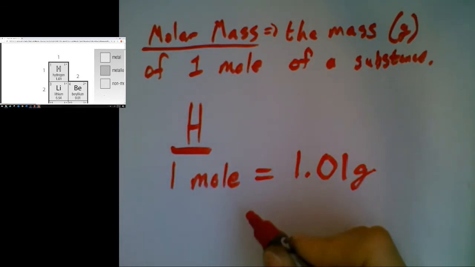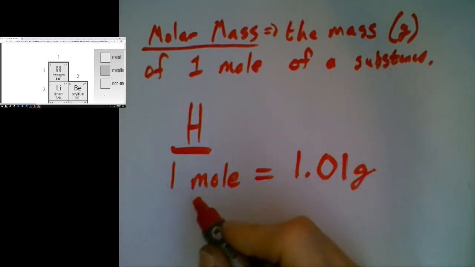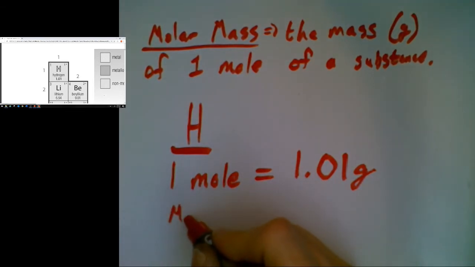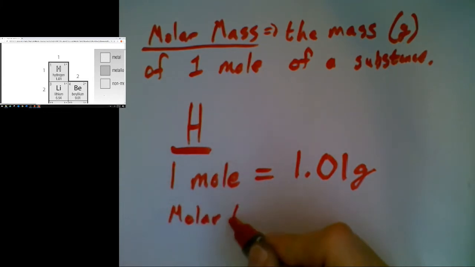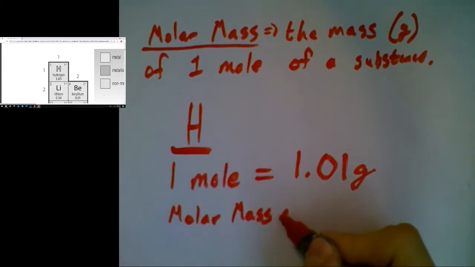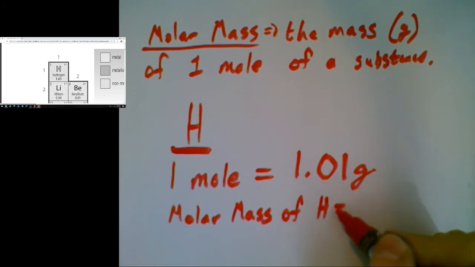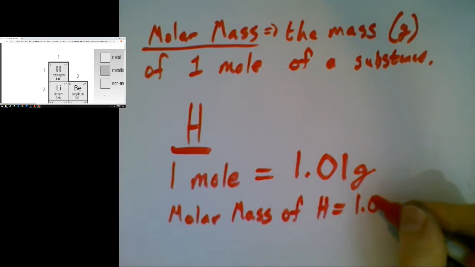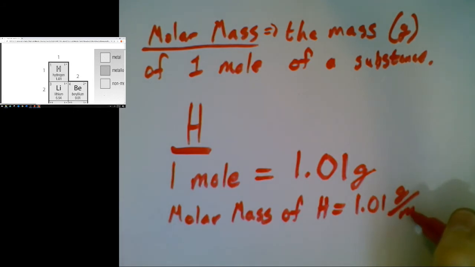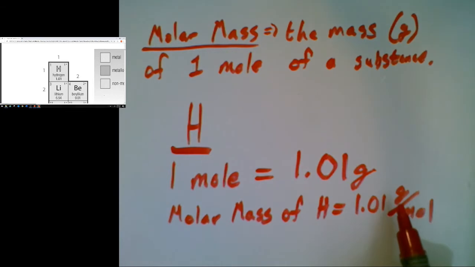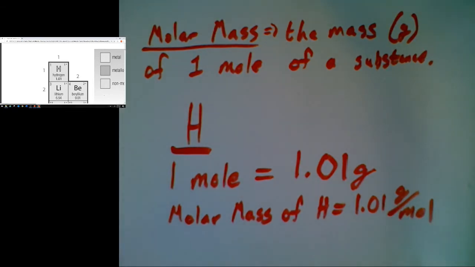And the way that we would typically write this is we would say that the molar mass of hydrogen is 1.01 grams per mole, because that's how many grams are in 1 mole of hydrogen.